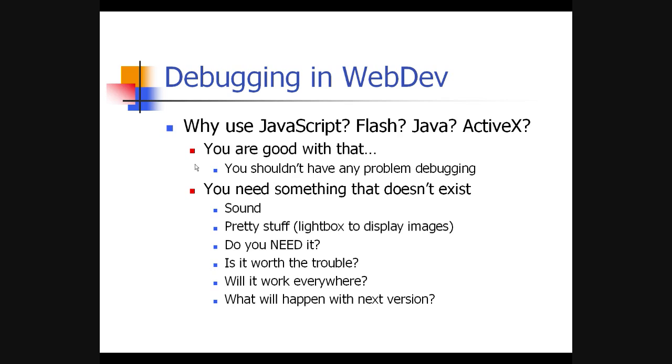Remember also what will happen with the next version. As soon as you are using something external, what will happen when you change the version of anything? Windows, the browser, the thing itself that you're using, when there's a new version coming out. Will it work?